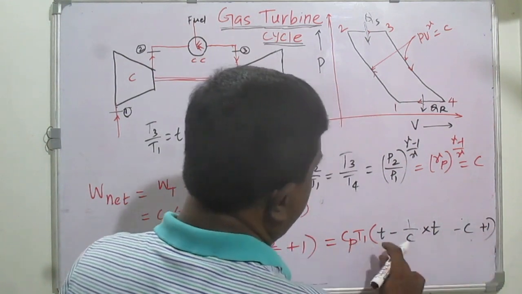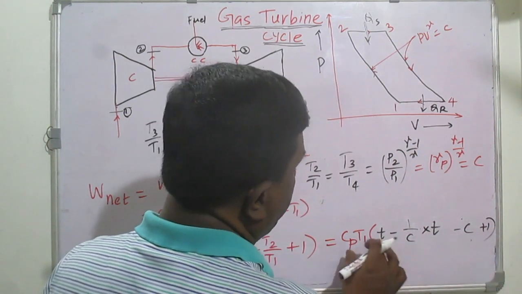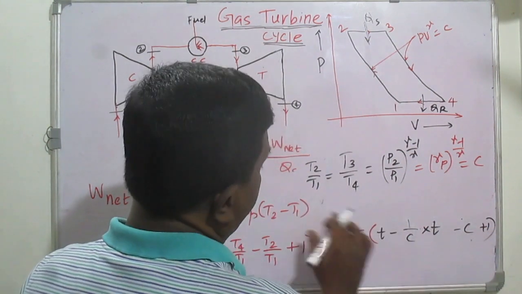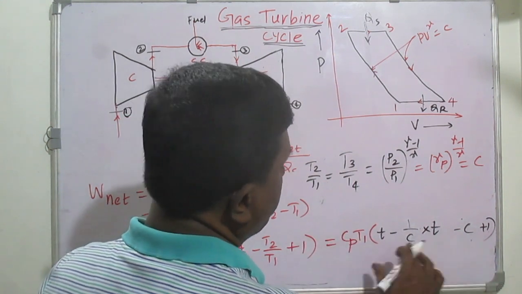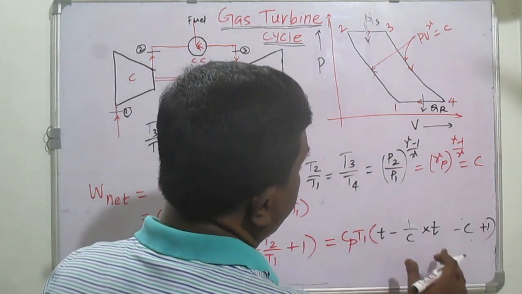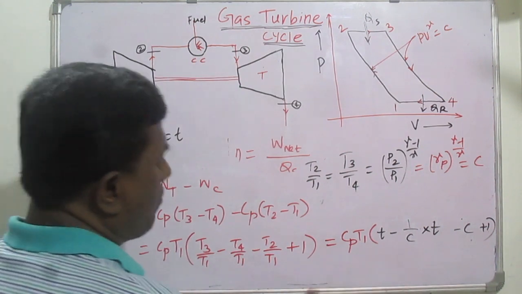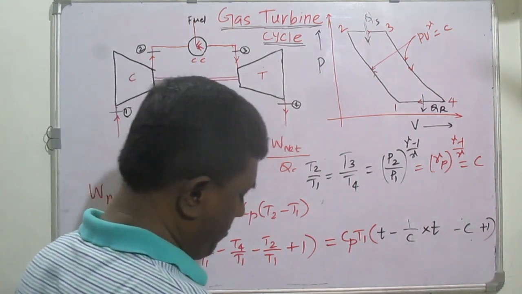So we have simplified it: all the temperature ratios have been written in terms of T and C. Now we simplify further.